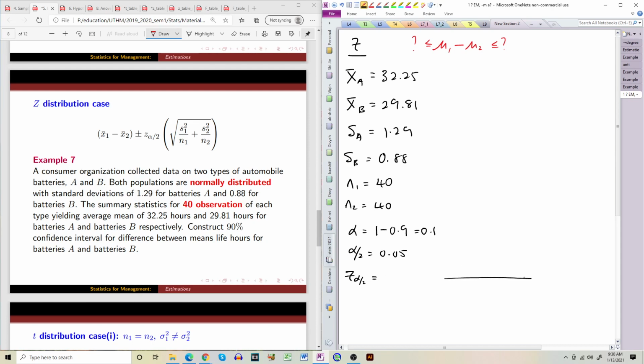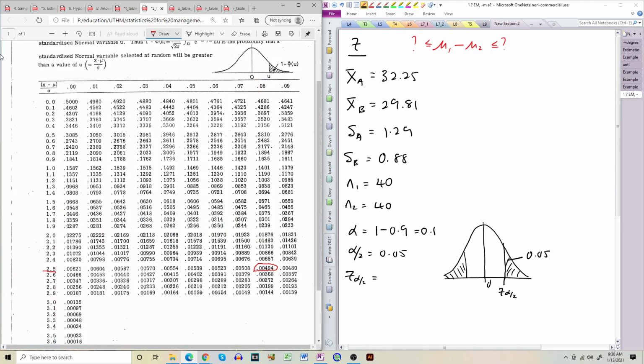How to find the critical value? Go here, this is 0.05, this is my critical value. Go back to the Z table, 0.05.